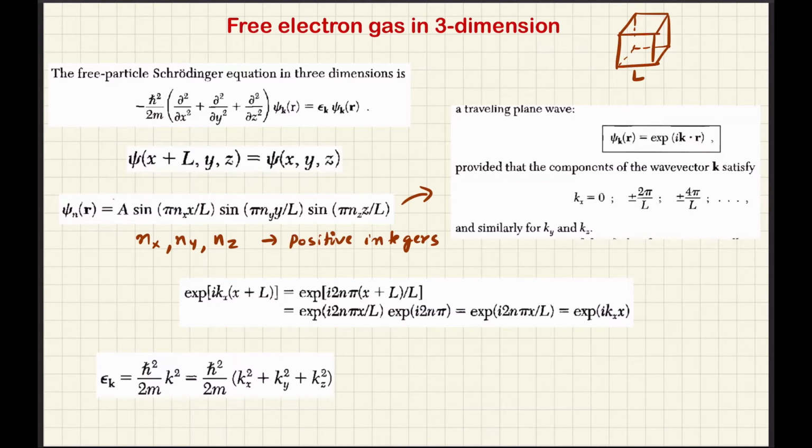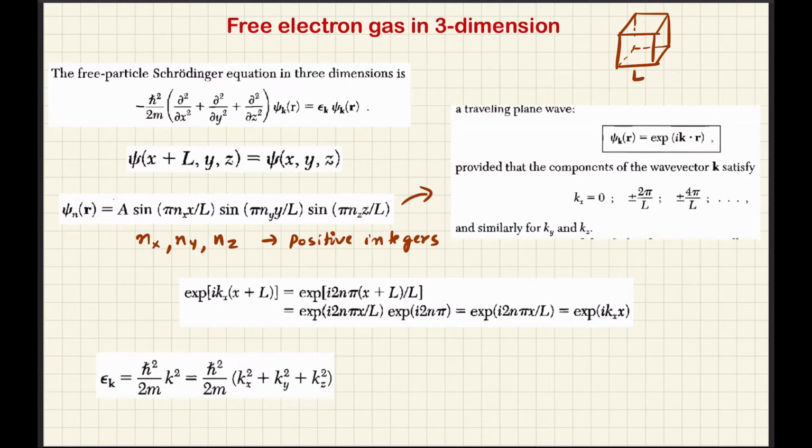Basically these are the quantum numbers, and in 3 dimensions you can have degenerate energy states, in the sense that there will be different states having the same energy. Those kinds of states are called degenerate states.